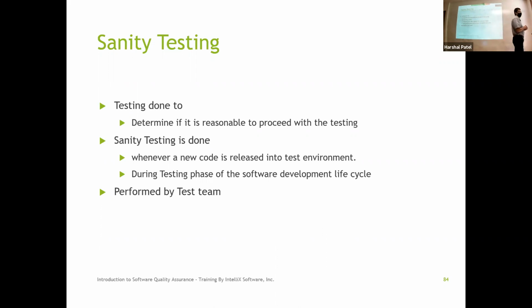When they give you new code, the first thing you should do is determine, is it good for me to begin testing? Whenever somebody gives you a new version of the code that you need to test, the first thing you ask is, is it good for me to start the testing? Because what if they don't give me all the components?